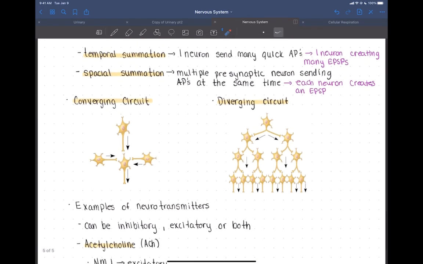And then neurons arrange in circuits. Circuits can be converging, meaning you have multiple neurons all feeding into one. So we would have many neurons talking to one neuron.